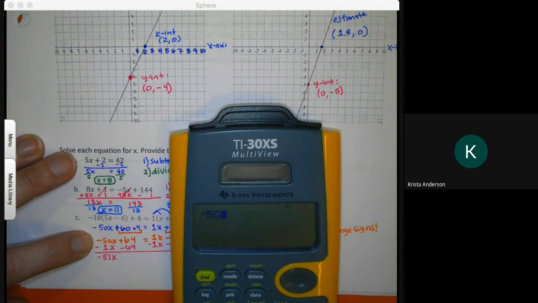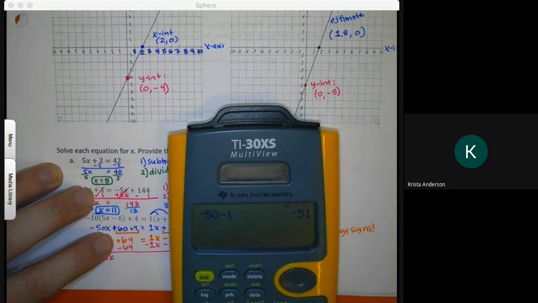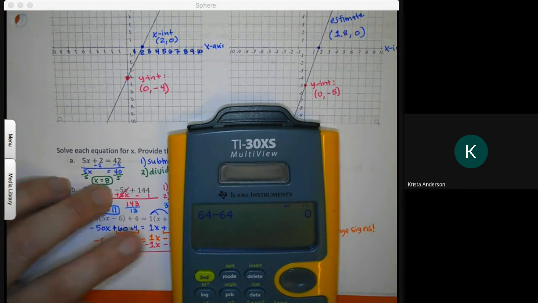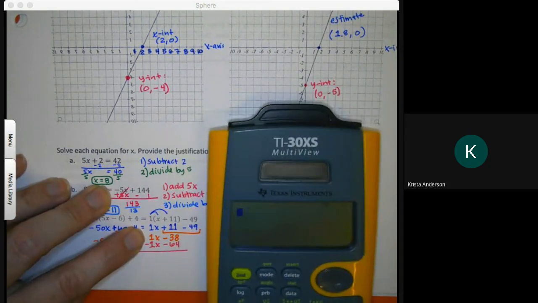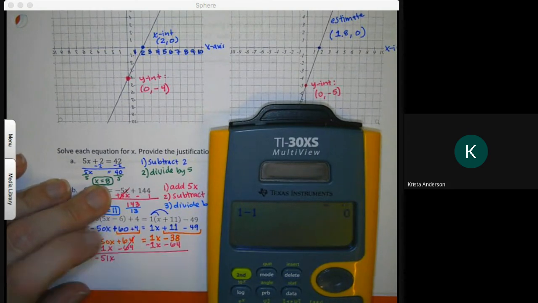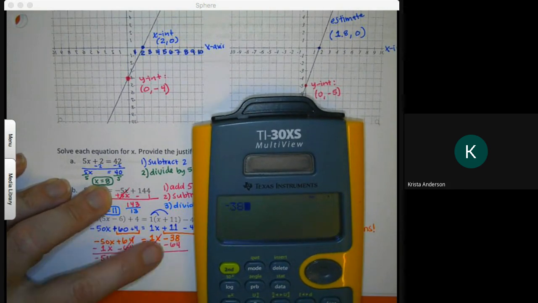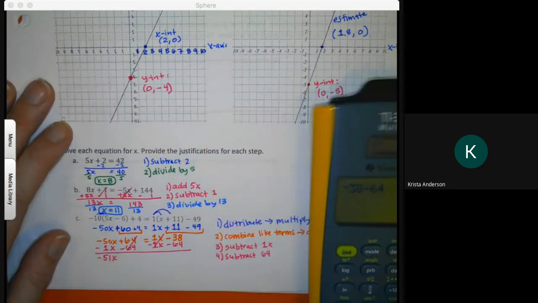Negative 50 minus 1 is negative 51. 64 minus 64 is 0, so it goes away. 1 minus 1 goes away. Negative 38 minus 64 is negative 102.